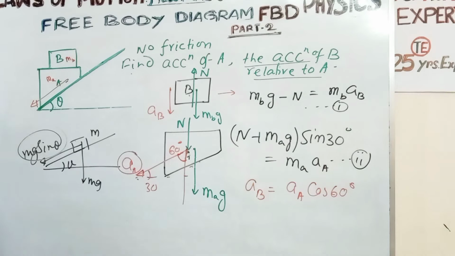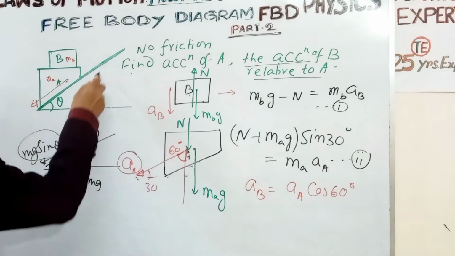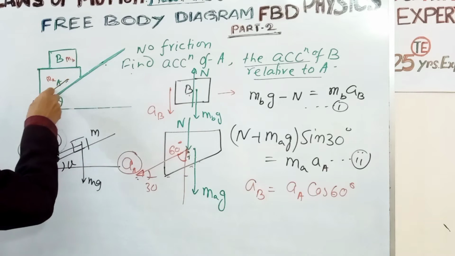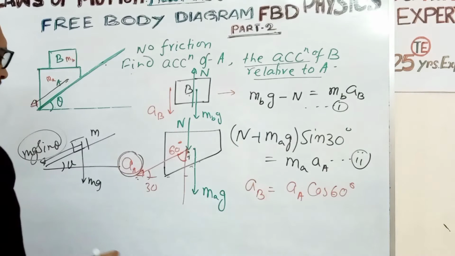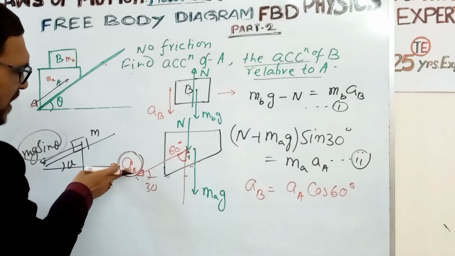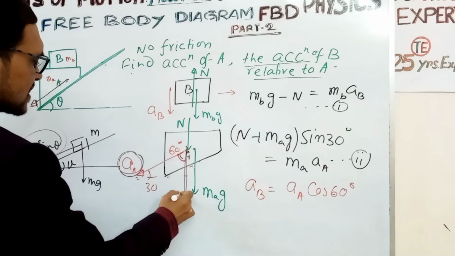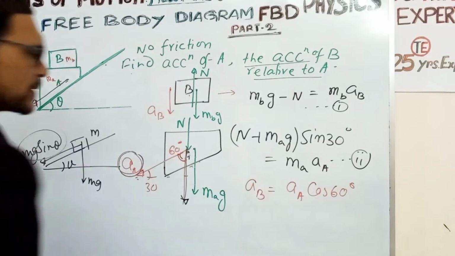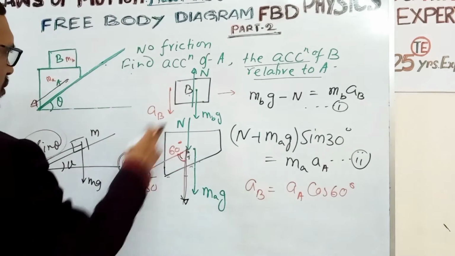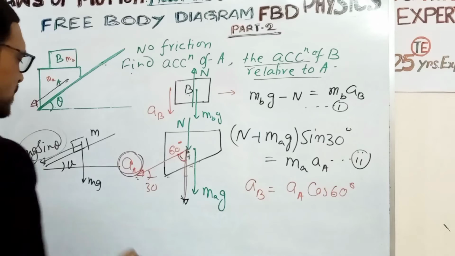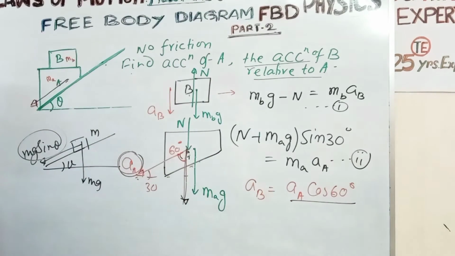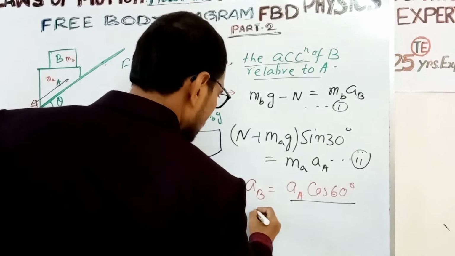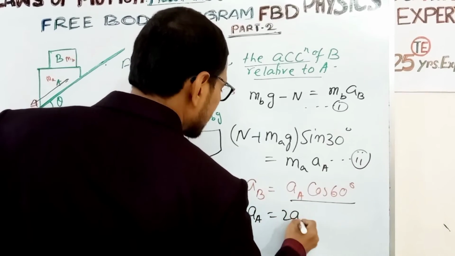Now A is fixed because the plane is fixed, so we take the acceleration of block A as fixed, and the component of the acceleration along this direction will be the acceleration of block B. So AB equal to AA cos 60 degree, so A equal to 2AB.